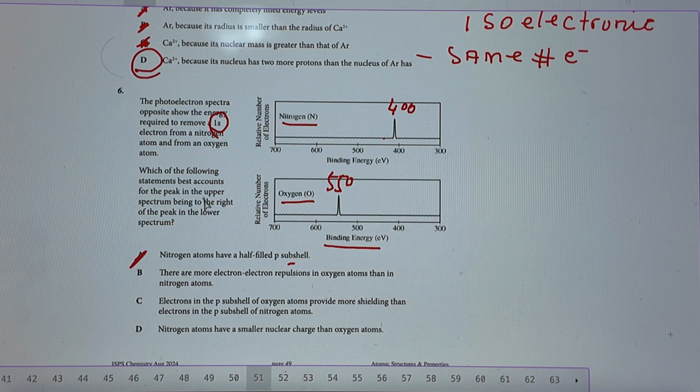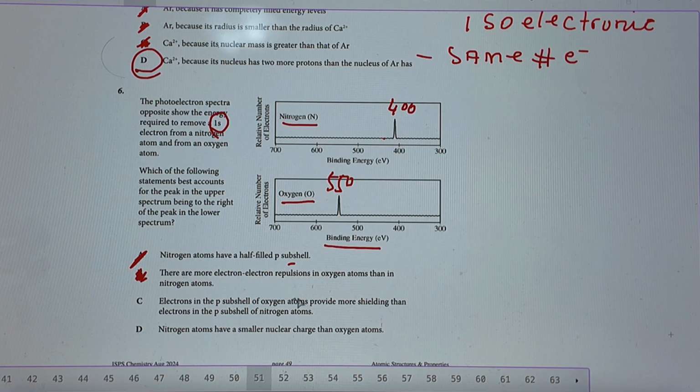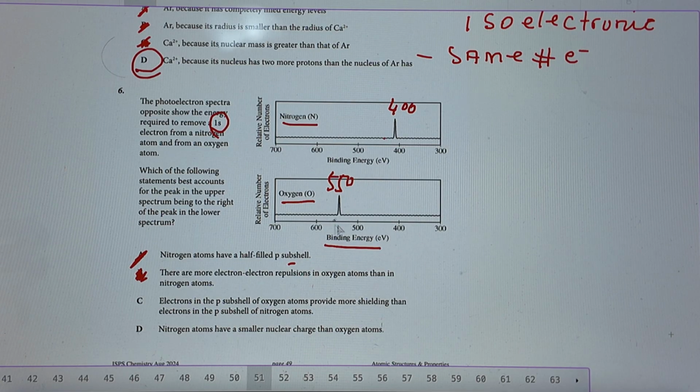The next one is electrons in the p subshell of oxygen provide more shielding than electrons in the p of nitrogen atoms. And I guess you could consider that, but extra shielding would decrease the binding energy, right? So if there was more shielding, it would decrease it. Since it says oxygen atoms provide more shielding, it would have decreased this for the p subshell, right?